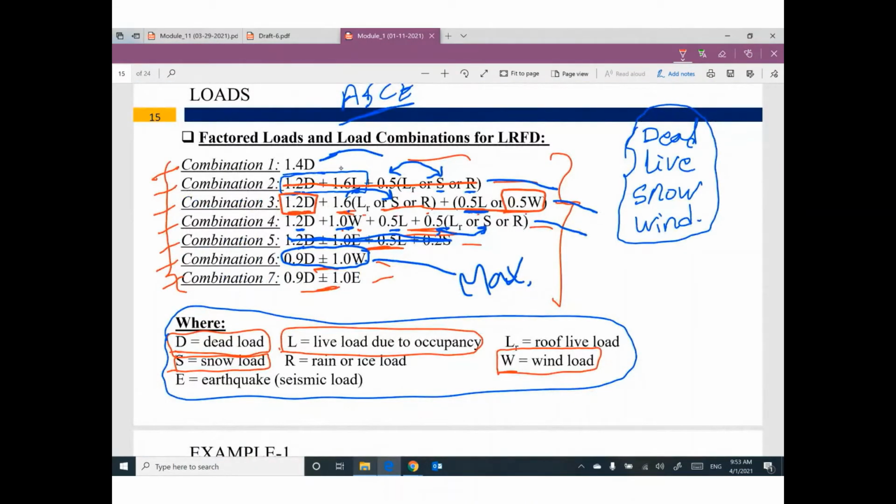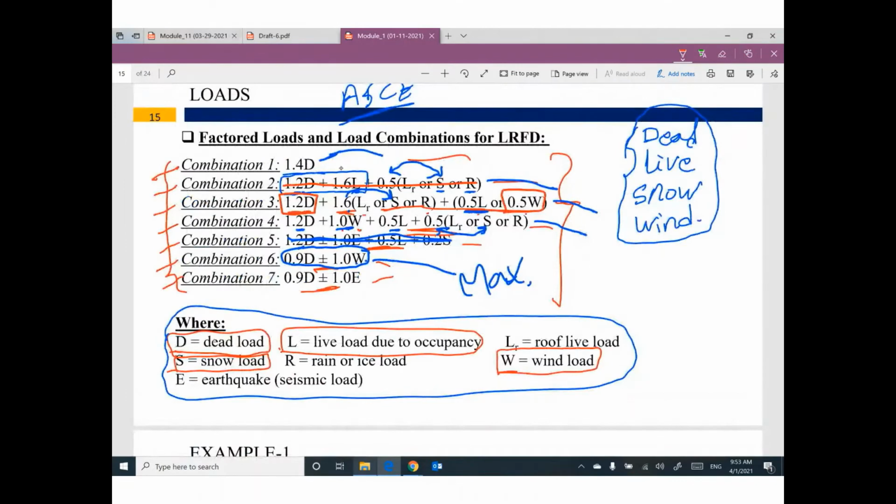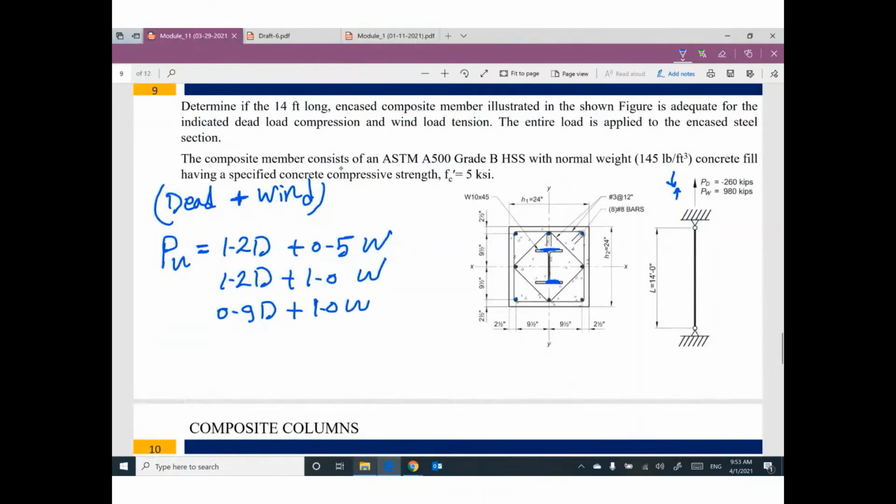We have 0.9 dead plus or minus 1 wind. 0.9 dead plus 1 wind, or 0.9 dead minus 1 wind. So we have different load combinations between dead and the wind.